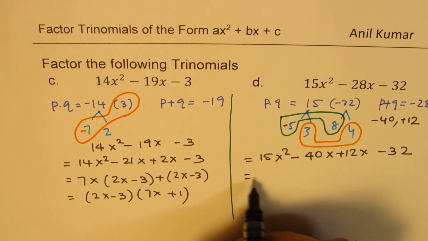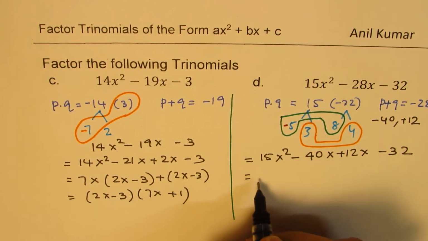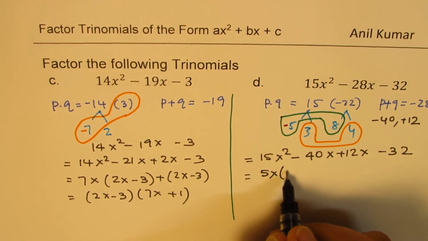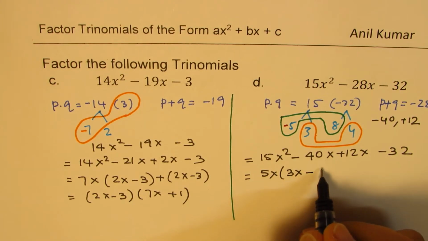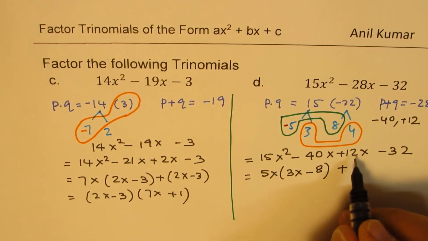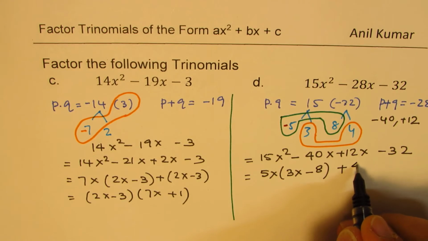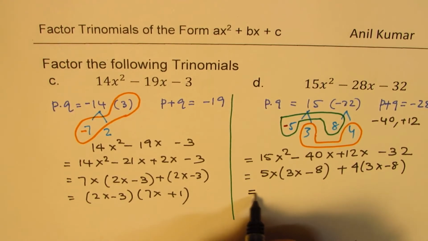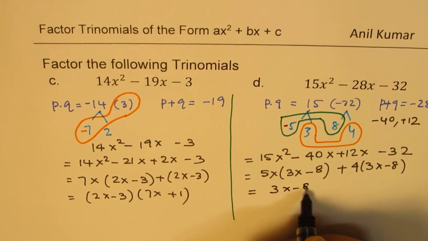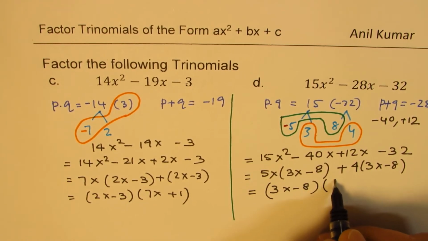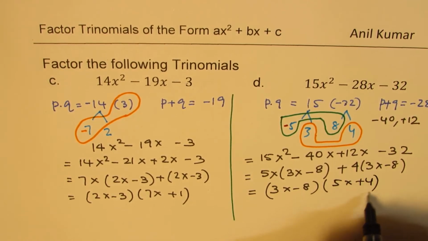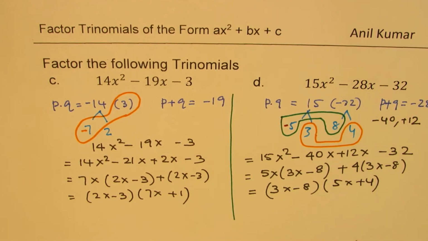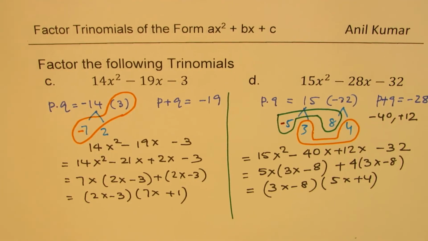And in these two, what do we have common? 5x is common, right? So we get 3x minus 8, plus what is common here? 4 is common, right? So 3x minus 8. Now, 3x minus 8 is a common factor, and here we get 5x plus 4. So that becomes the factored form of the given trinomial. Is that clear to you?